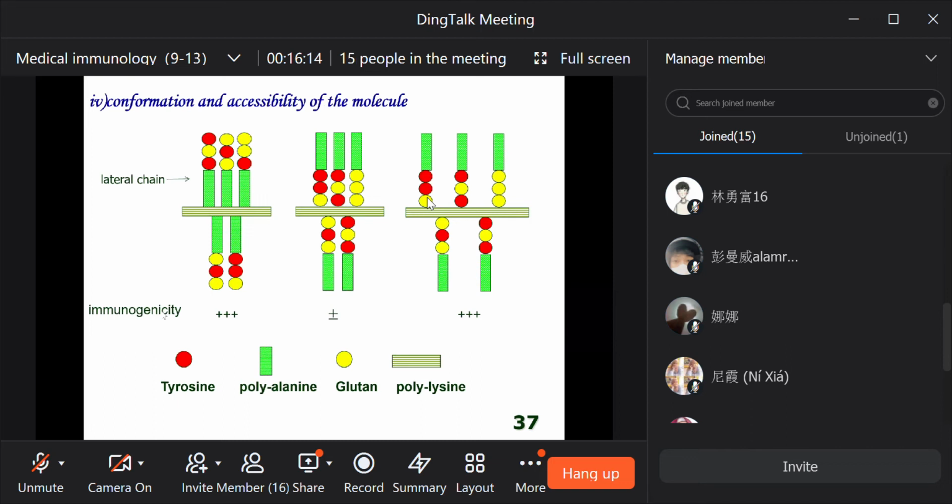We can see the left one. For the left one, lateral chains are located on a layer, but the lateral chains are closer and closer, with different structures on the surface of the molecule.